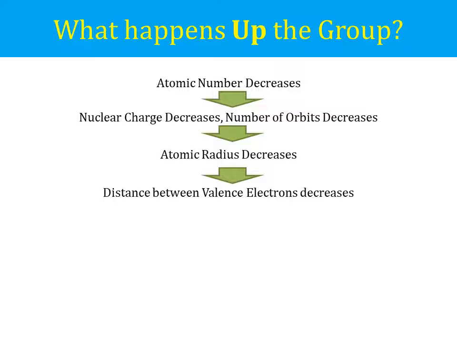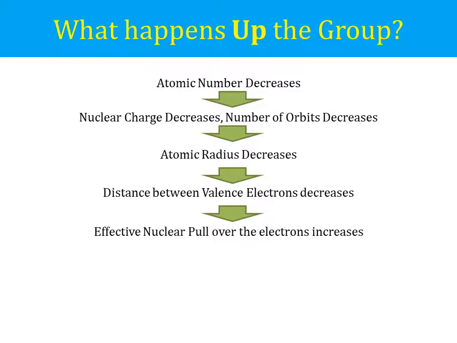And if the distance of the valence electrons decreases, then the nuclear pull, the attraction on the valence electrons, will also increase because they will go closer to the nucleus, right? If you remember, this was just the opposite in the previous case. Down the group, the distance increased and the effective nuclear pull was decreasing.